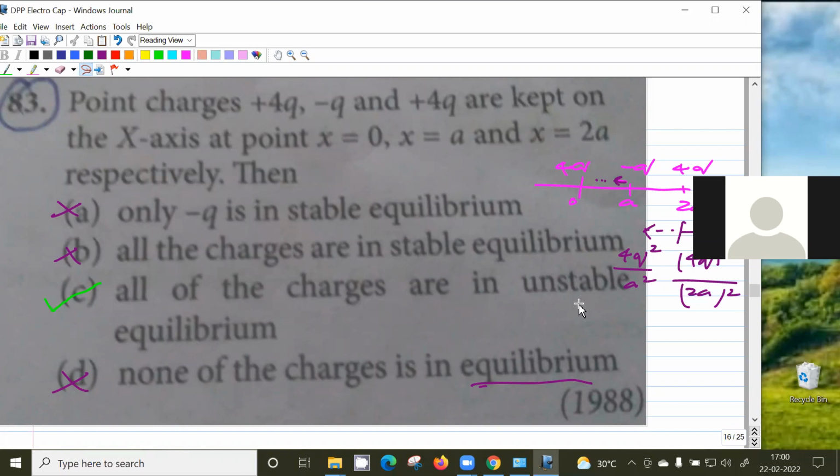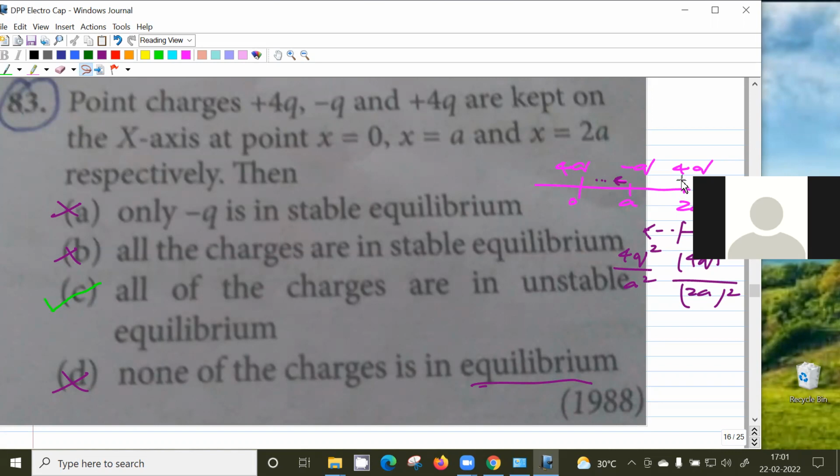So how will that 4Q move if I move it towards the left? How will that 4Q charge move if I move it by a distance of a by 2? Not a by 2 and all.